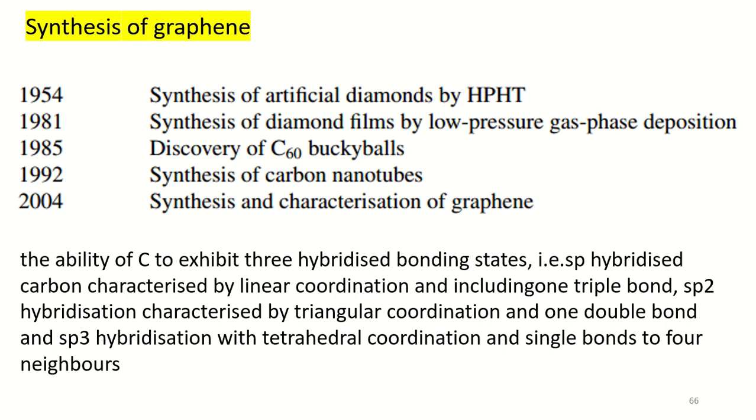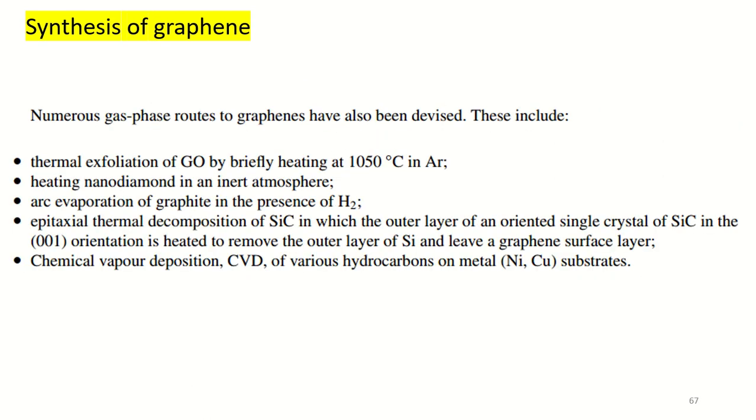The important ones were the solvothermal treatment with sodium in ethanol, ultrasonication of graphene oxide in surfactant water solution, or N-methylpyrrolidine microwave assisted exfoliation and reduction of graphene oxide with hydrazine hydrate. These are the different parameters and different routes for the synthesis of graphene. This is all about this lecture, and thank you very much.